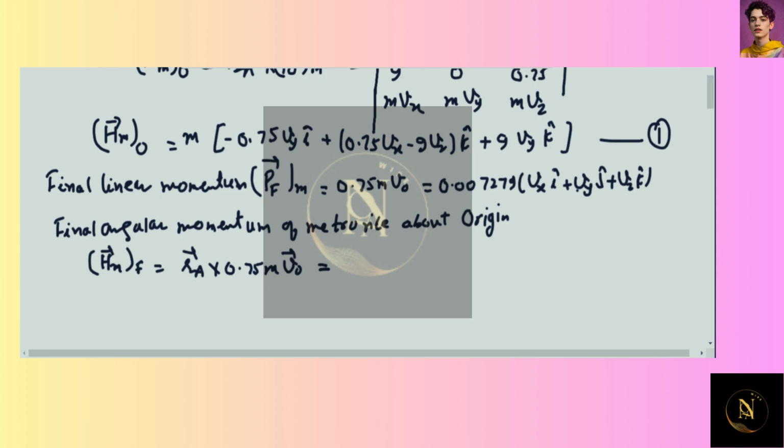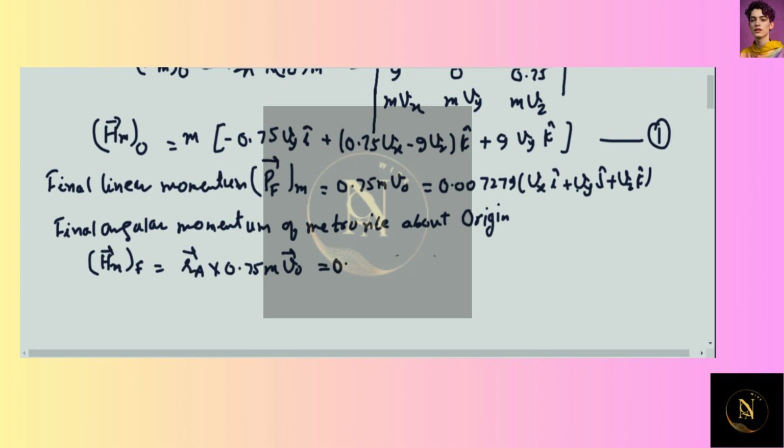So I am putting it directly: it would be 0.007279, or we can put that later on. I am writing in terms of m here.